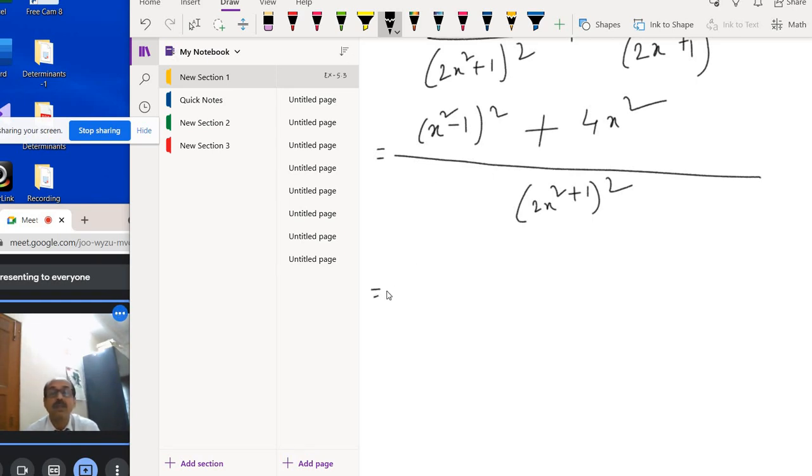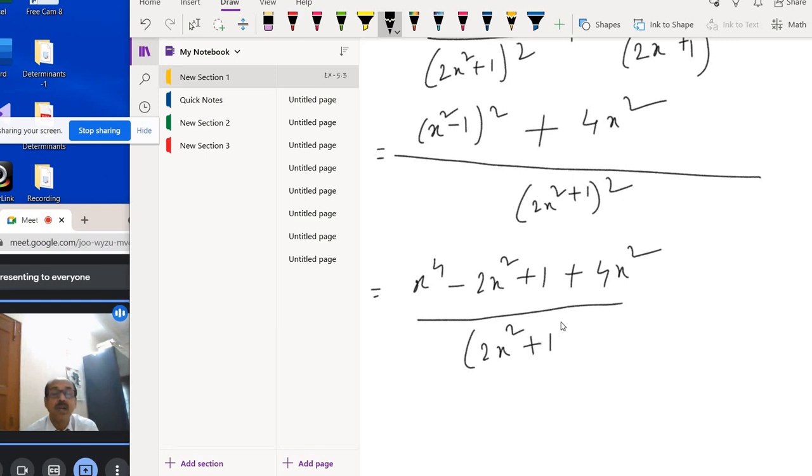So a square minus 2ab, x to the power 4 minus 2x square plus 1 plus 4x square, divided by 2x square plus 1 whole square. Okay.